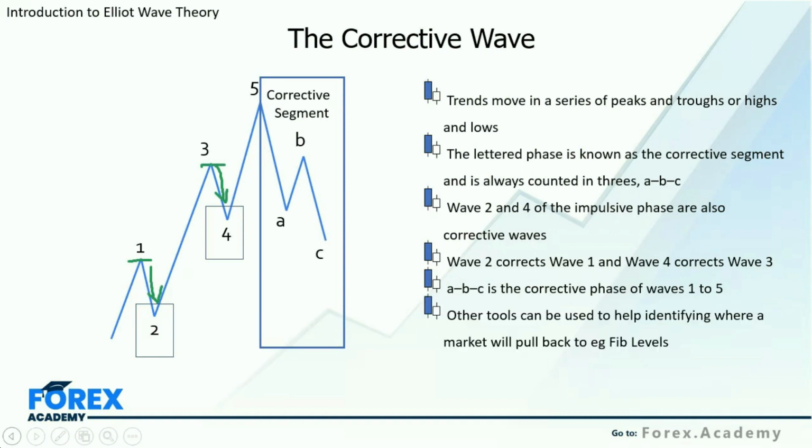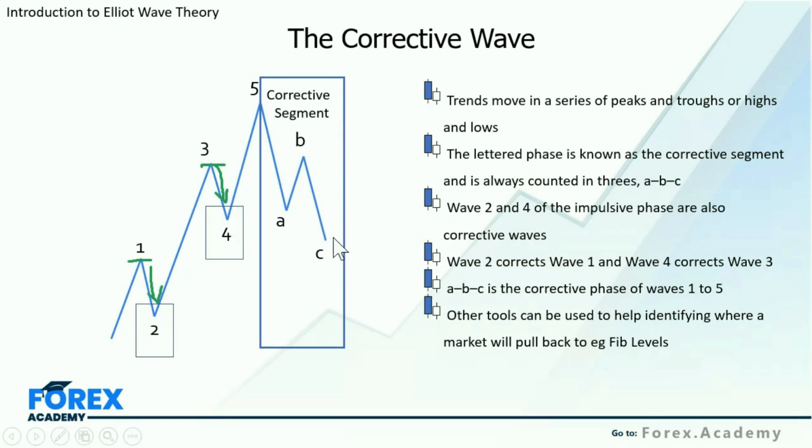Now, other tools can be used to help identify where a market will pull back. For example, fib levels. Those that trade the market using technical indicators that may use fib levels, they might draw a fib from the recent low to the recent high, and they might be able to gauge where this price action will actually pull back to, even at point A, the first corrective wave, or point C, which is the second corrective wave pushing lower.